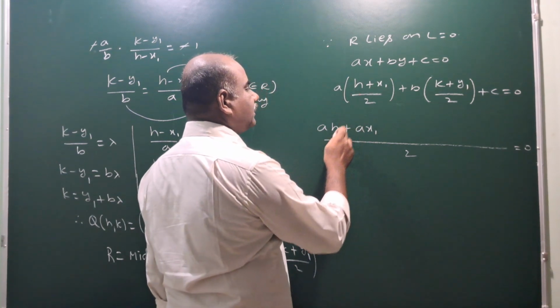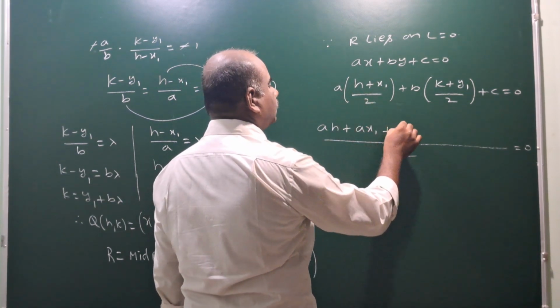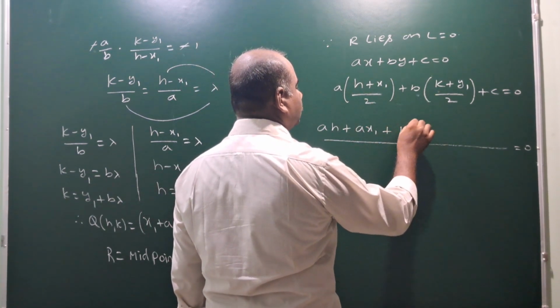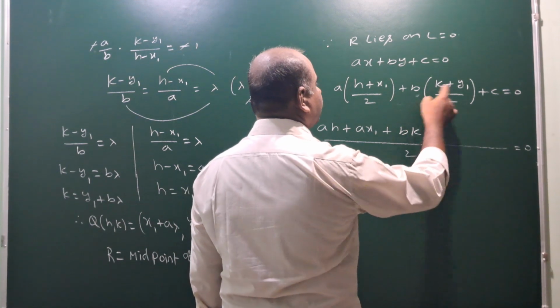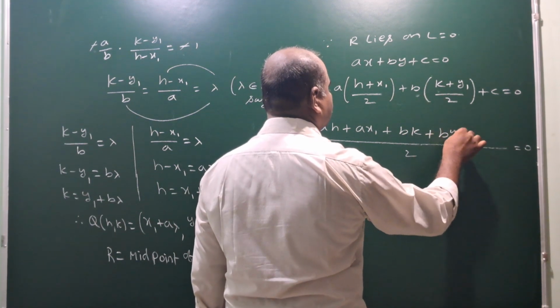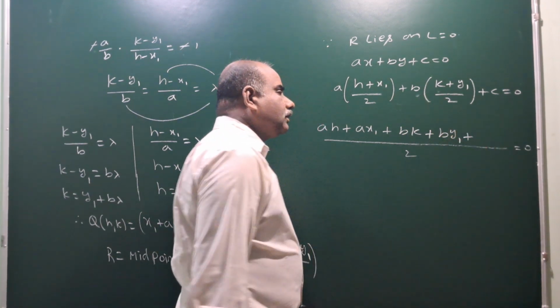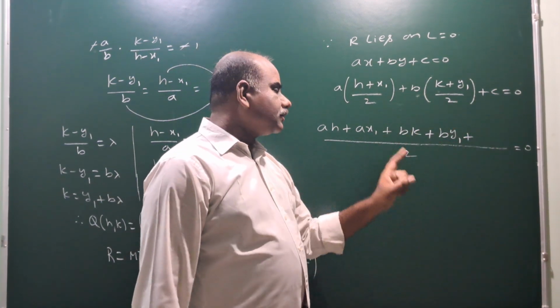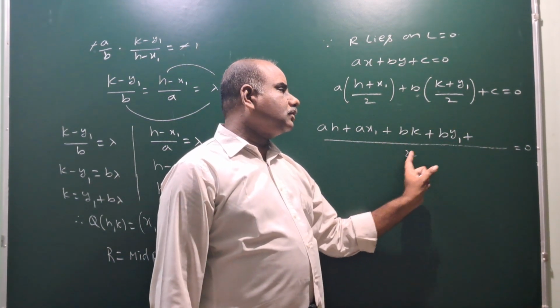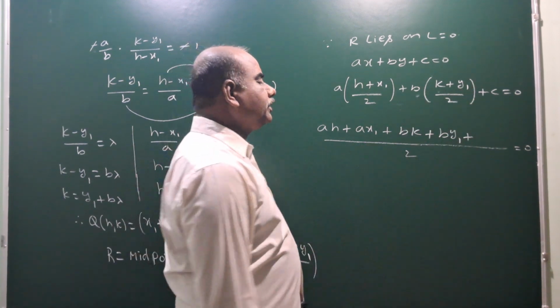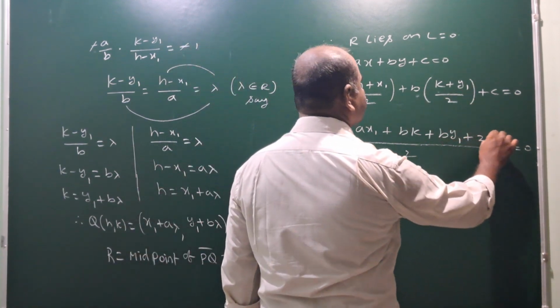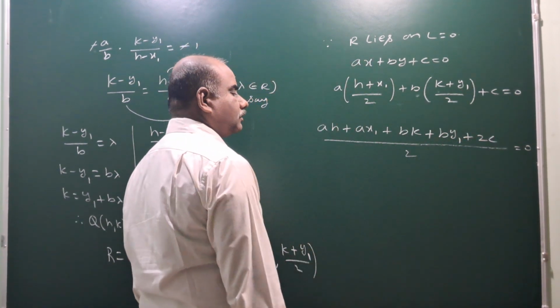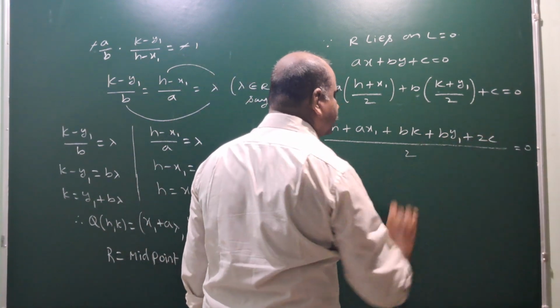A into H, AH, A into X1, AX1 plus B into K, BK, B into Y1, BY1. Here there is no denominator. These two are same, but here there is no denominator. So we have to multiply that term with 2, with LCM. 2 into C, 2C, okay. So 2 into 0 means 0.